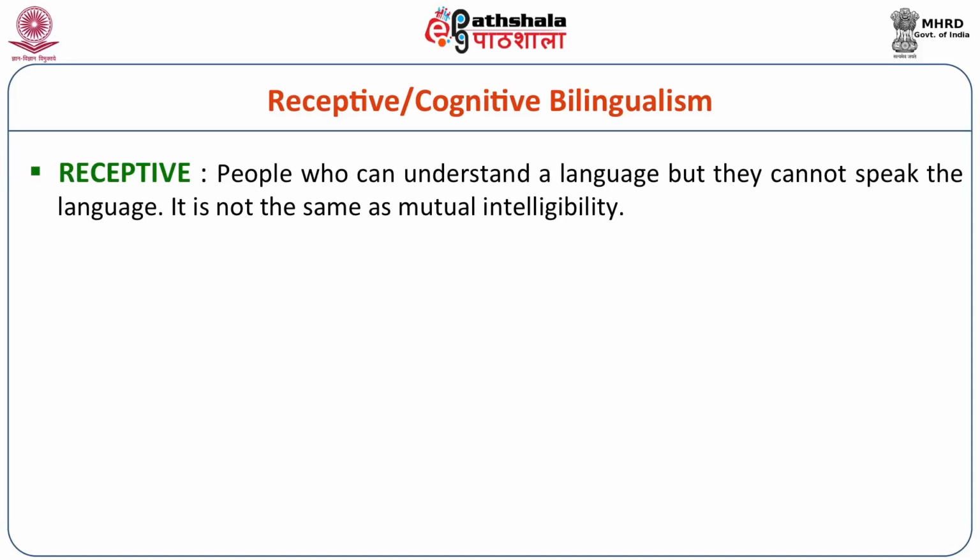Just the way many people, if you talk to them in English, will understand what you are going to convey, but at the time of replying back, they won't be in a position to speak in the proper grammatical way. They don't speak, but they understand. So it is receptive bilingualism. That language is not unknown to them, but they cannot communicate properly.